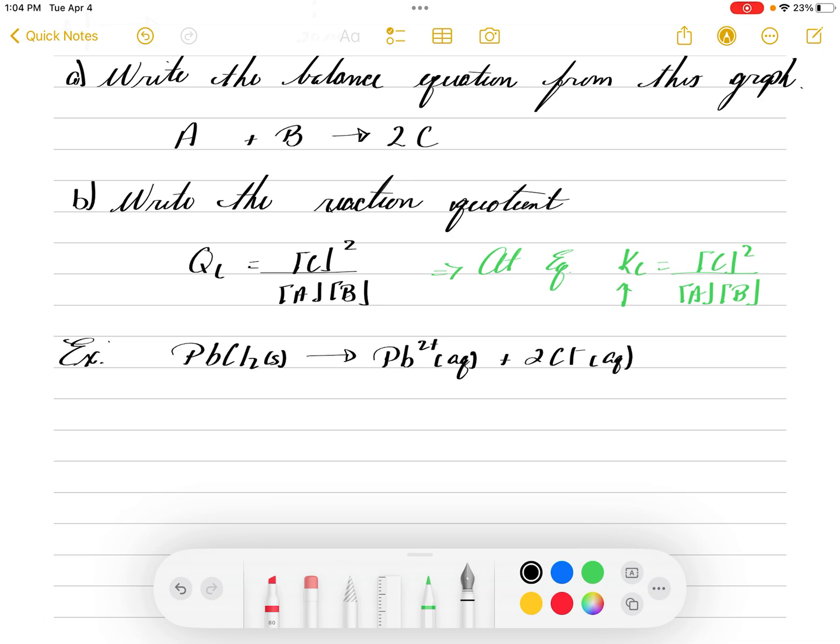Okay? Now, when you're looking at the reaction quotient, you need to pay attention to the states. This is in solution, this is in solution. What you need to remember is that when you're writing the reaction quotient, pure liquids and solids are not included.